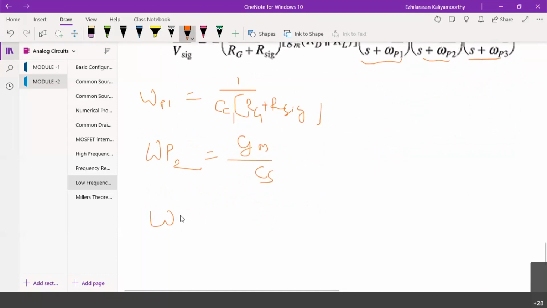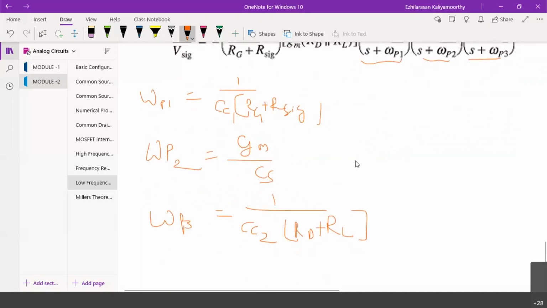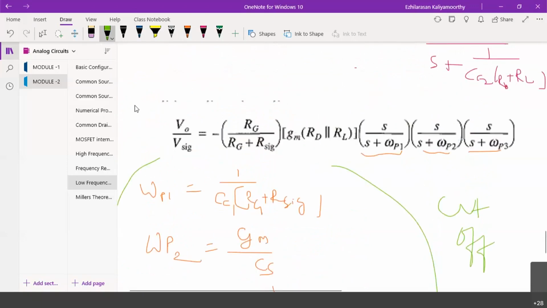Then omega P3 is equal to 1 divided by Cc2 into Rd plus RL. Now you can see this low frequency response, where the gain falls with the effect of three capacitors, Cc1, Cc2 and Cs. These are the cutoff frequencies, the poles. So now we got the complete GV.